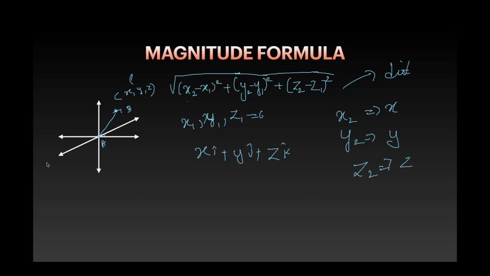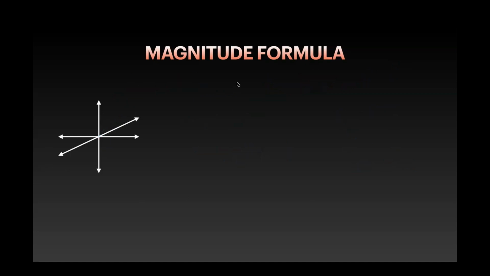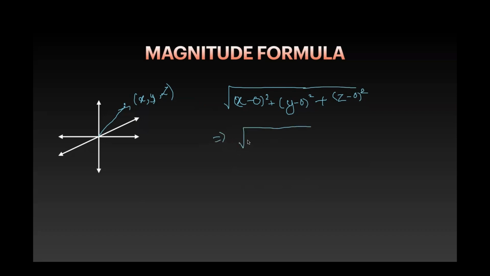So what are you going to get now? Just x comma y comma z. So you are going to get root of x minus 0 whole square plus y minus 0 whole square plus z minus 0 whole square, which is nothing but root of x square plus y square plus z square.